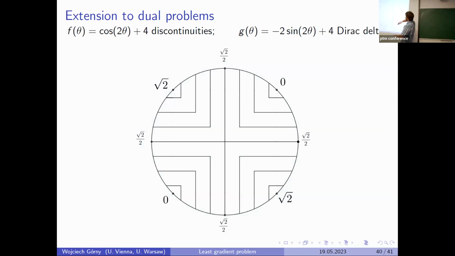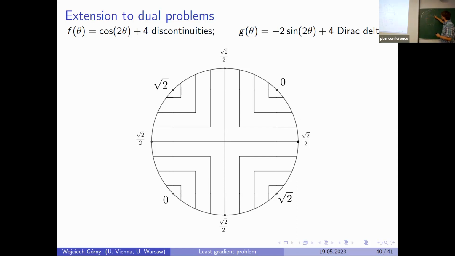Let me draw a picture. First, we consider the boundary data that we had before, which produced a square in our existence example. And now we add 4 discontinuities here. We add 1 here and here, and we decrease by 1 here and here.